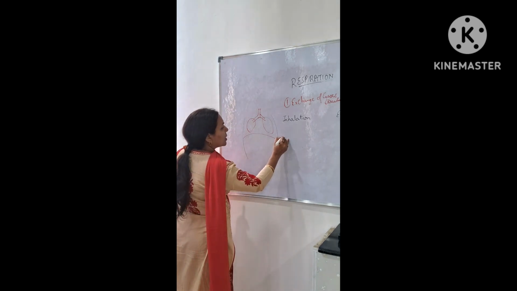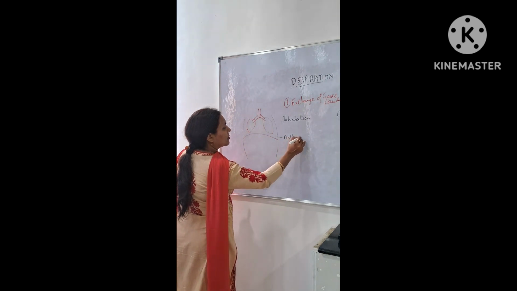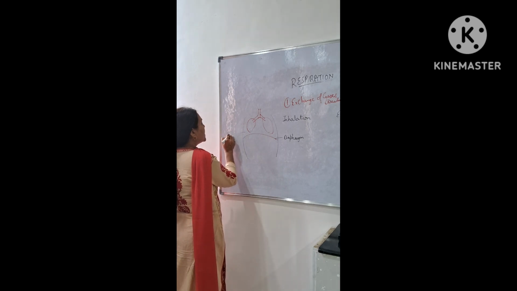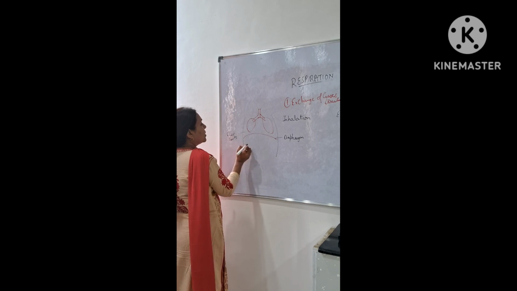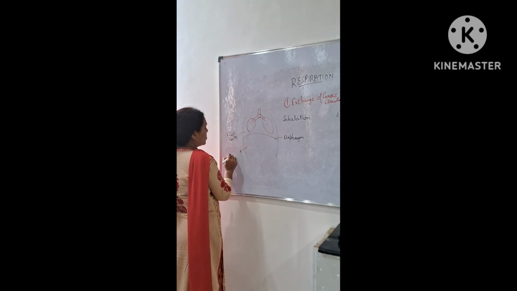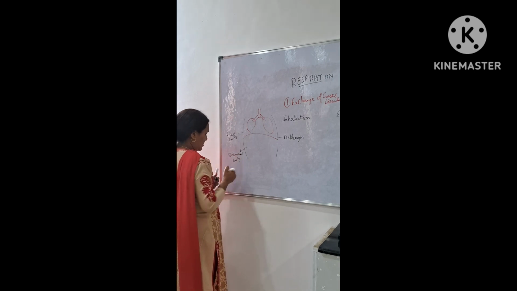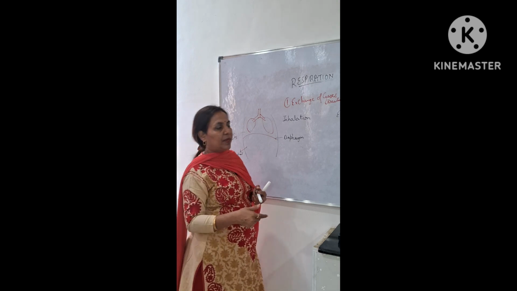So this is a muscular diaphragm. The cavity above the diaphragm is known as the chest cavity. The one below the diaphragm is known as the abdominal cavity. That is abdomen.